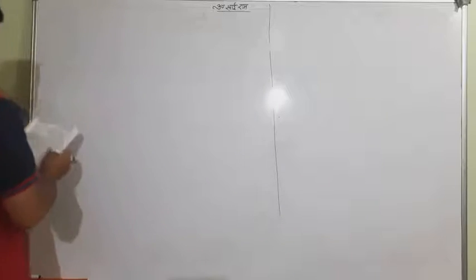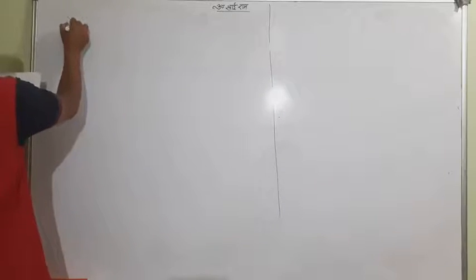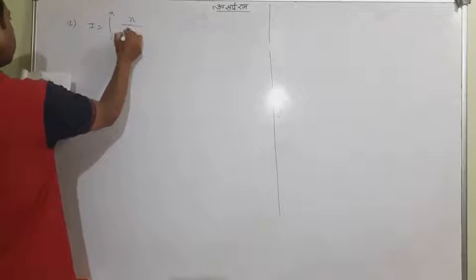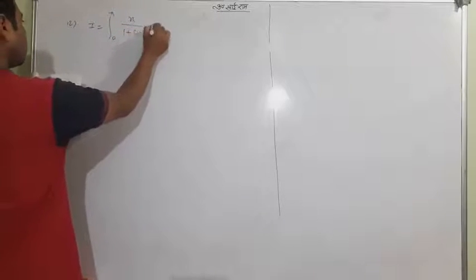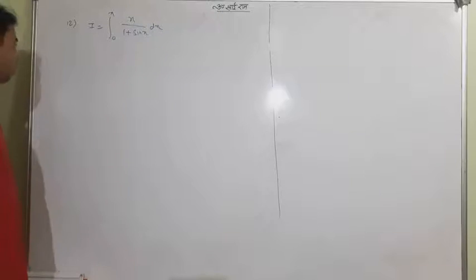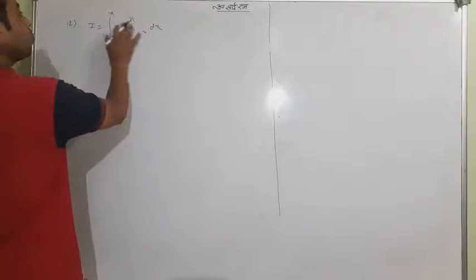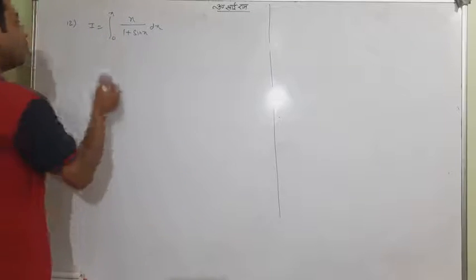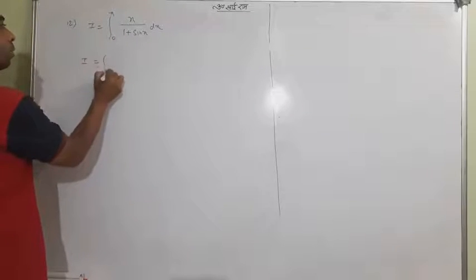Now I'm taking question number 12. I'll take only some good questions. The integral from 0 to pi of x upon 1 plus sin x dx. Okay, this is the question. You know 0 to a is a famous property, and I'll use it.